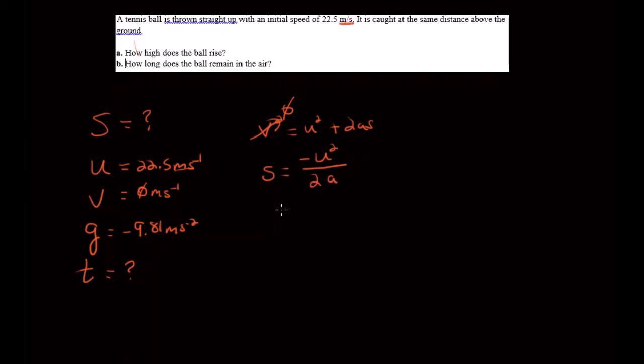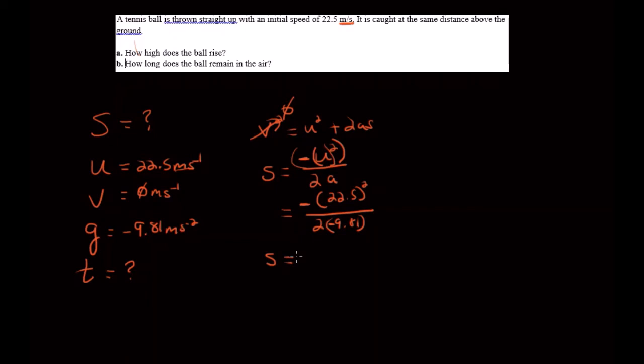So that is going to be negative 22.5 squared, and this is still negative, times 2 times 9.81, and this is negative. So we're going to have negative over negative, which gives us positive, which is good because we threw the ball up, so it's going in the positive direction, so the answer should be positive.